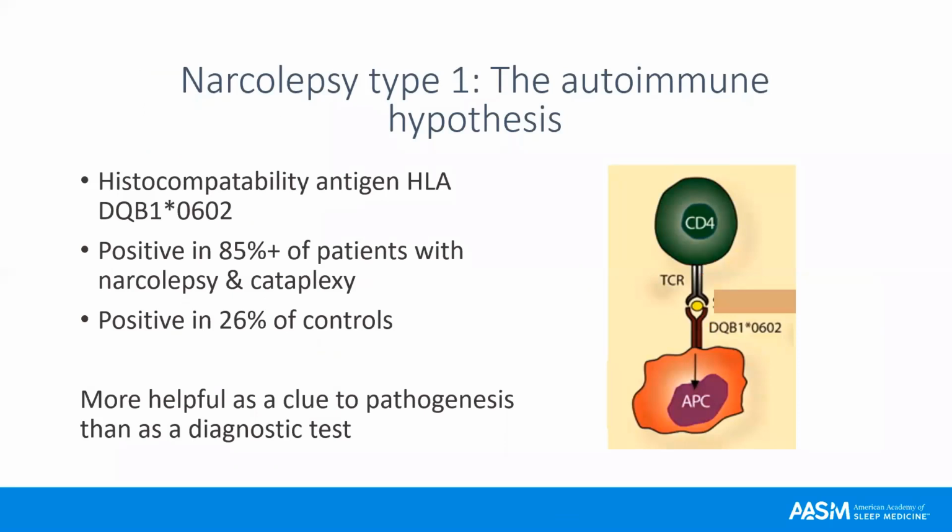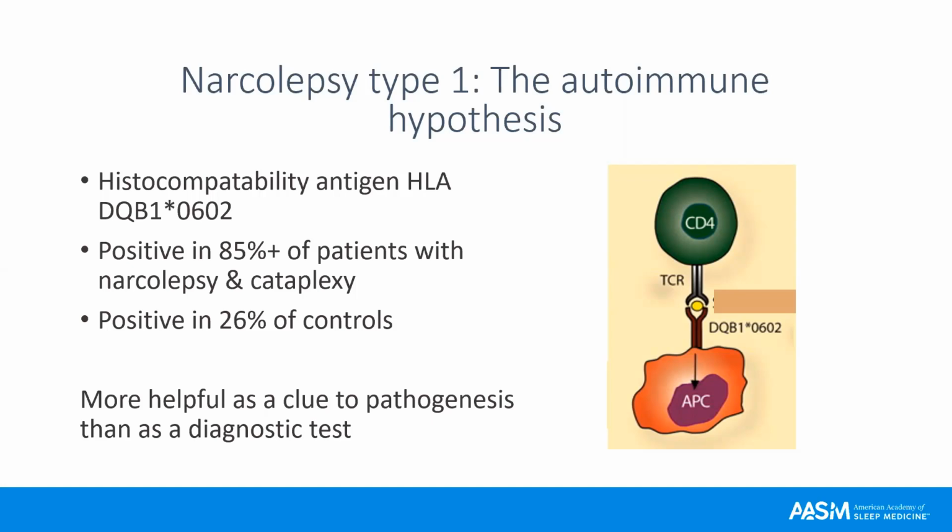There's also been this idea for quite some time that narcolepsy type 1 might be autoimmune, and in part that's because of the strong association with the HLA DQB1*0602. So early studies suggested a variety of different HLAs associated with narcolepsy. The one that is most strongly associated is this DQB1*0602.